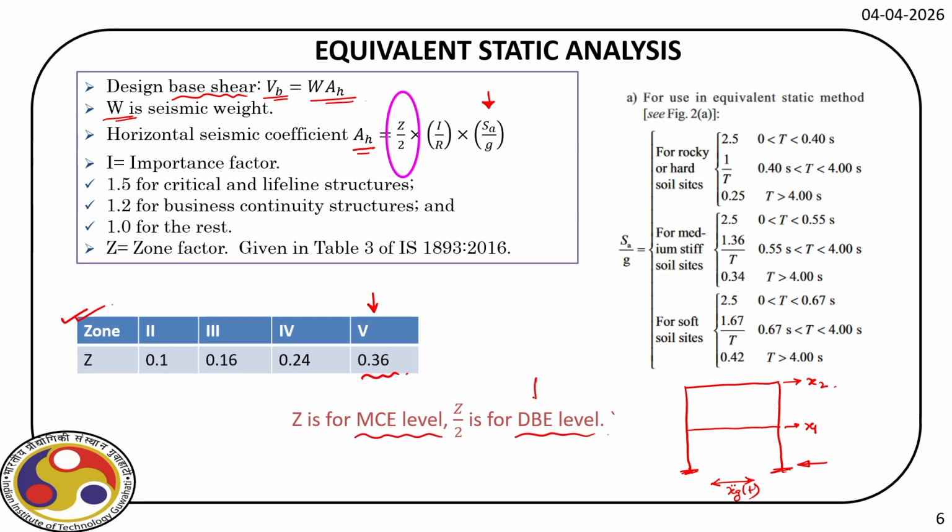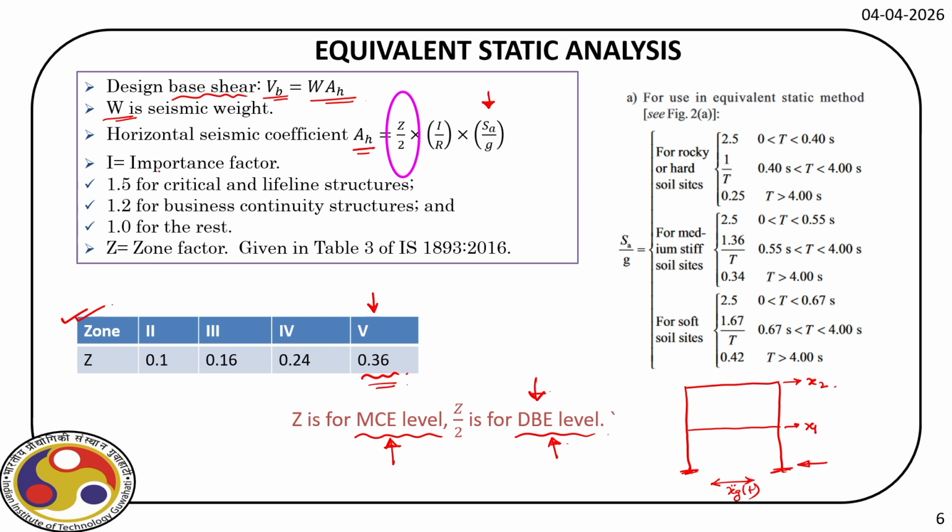Normally we design the structure for design basis earthquake. We will not go into the details of this definition of these levels. So for that you can refer to any earthquake engineering book. But for the time being, we will apply Z by 2. Our Z value is 0.36, which is corresponding to DBE level.